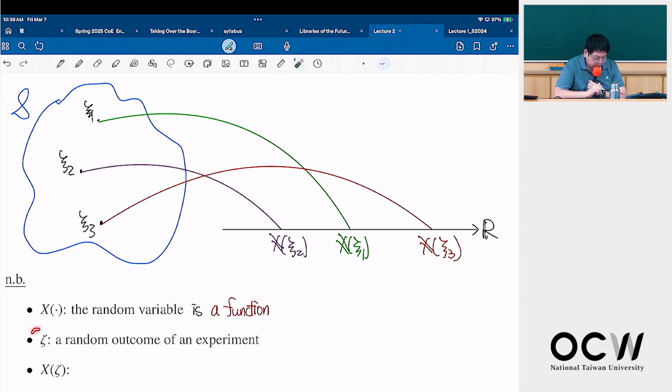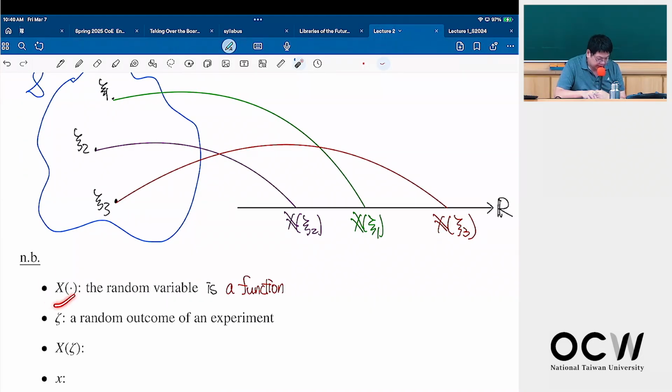And C is a random outcome of an experiment. When you roll the die, you'll get either 1, 2, 3, 4, 5, or 6. When you flip the coin, you get either head or tail. If you just turn on or turn off the light, you just get on or off. If you draw a ball from an urn, then you may get different colors. Those are the random outcomes.